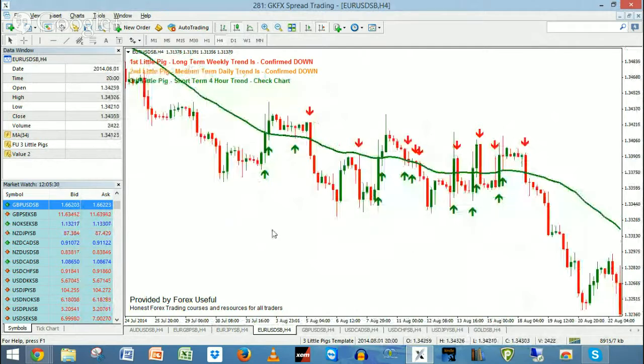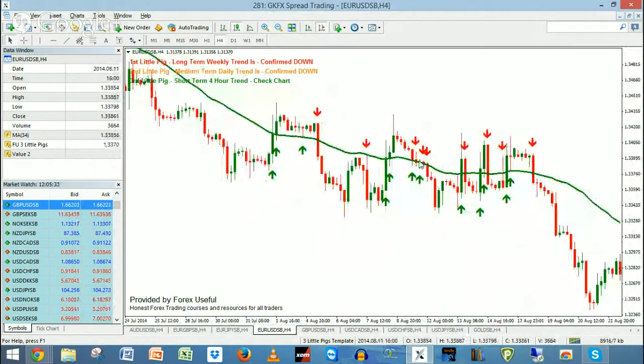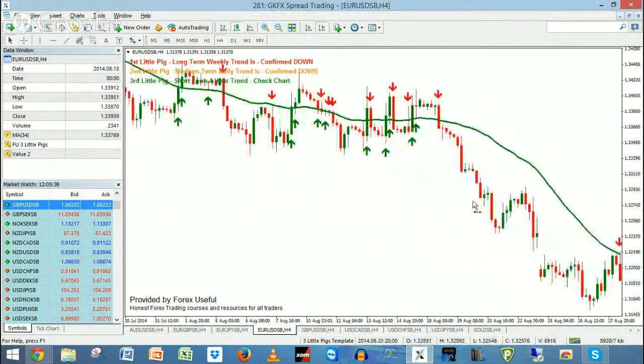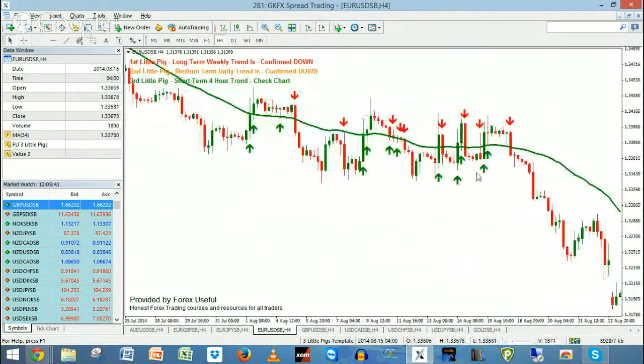Then I highlighted that it's not always a bed of roses, and we had 4 or 5 losers in a row, because I got emails from quite a few people saying, you know, I'm getting chopped out here, John, shall I wait until it starts trending again? And I covered this, and this was the weekend here, and then we opened here, and then we got a signal here, and I took this trade.